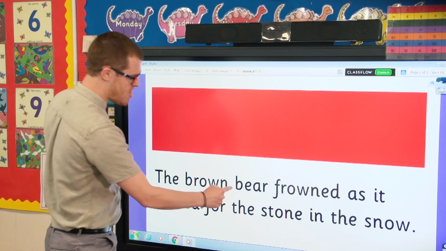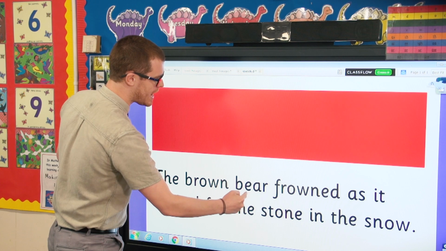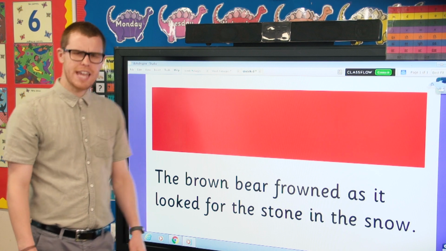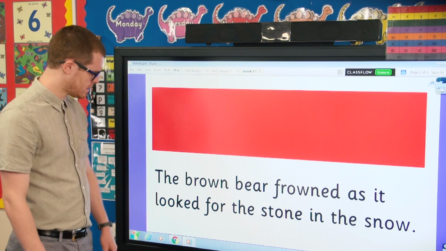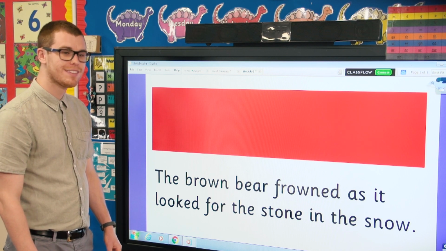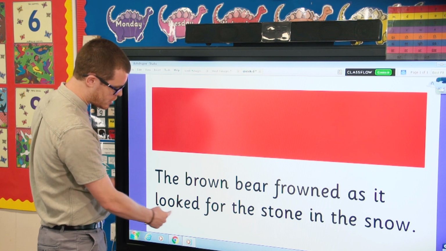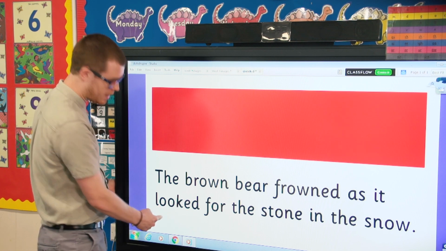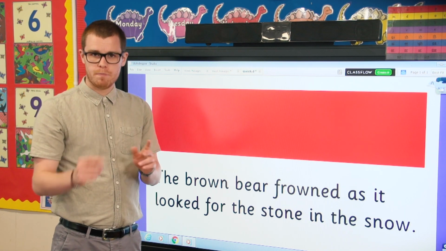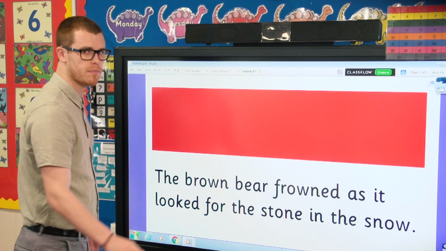That's right. This word has a trigraph that makes the sound air. Can you see a tricky word in the sentence? Yes, there is a tricky word here that I know you've met before. Now I want you to read aloud as I point to the words. And once again, sound out any words that you're not sure of. Here we go.